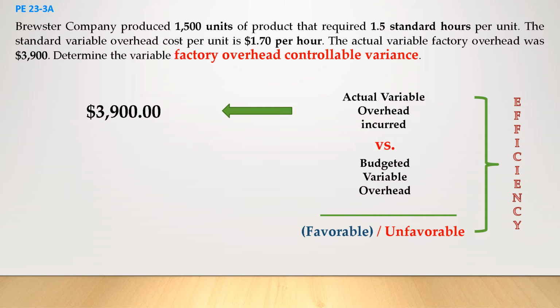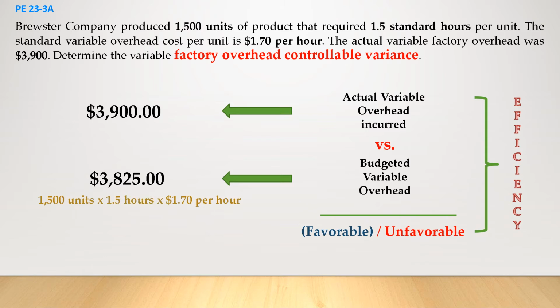Going back to our problem, the actual variable overhead incurred is equivalent to $3,900. On the other hand, the budgeted variable overhead is equivalent to $3,825. How do we get the budgeted variable overhead of $3,825? It is simply multiplying the production of 1,500 units by the standard hours of 1.5 per unit and then by the standard cost of $1.7 per hour.